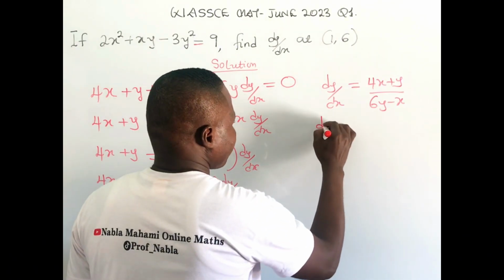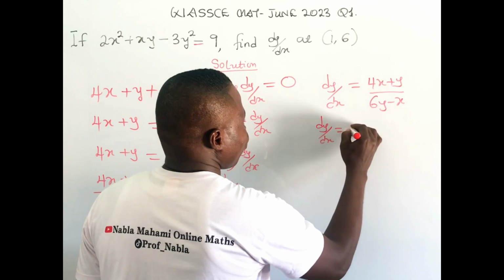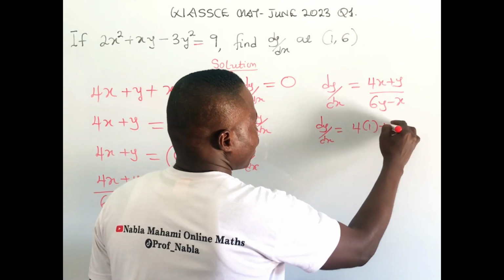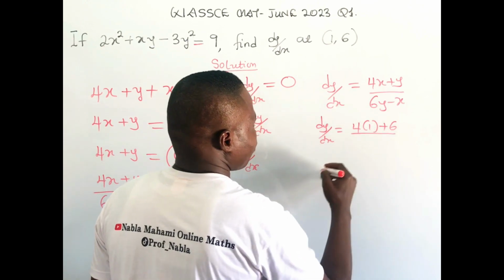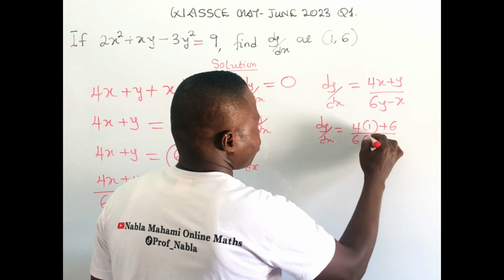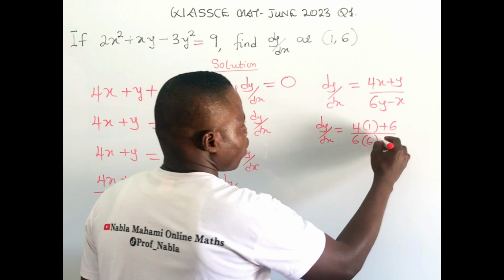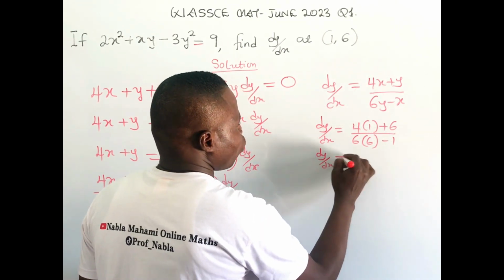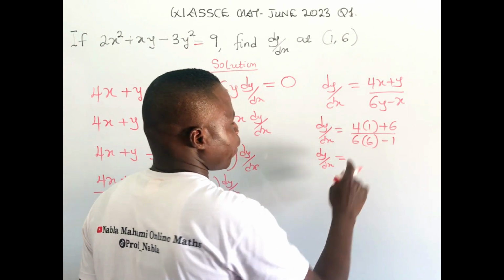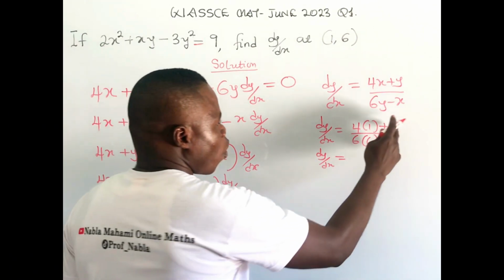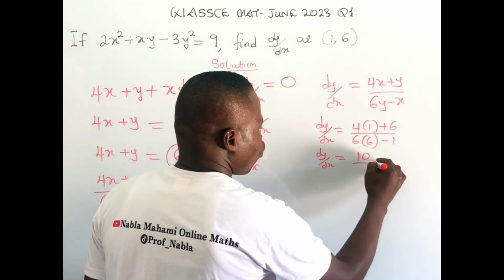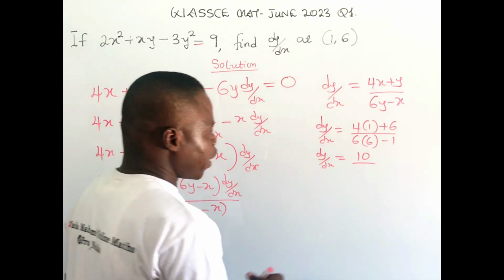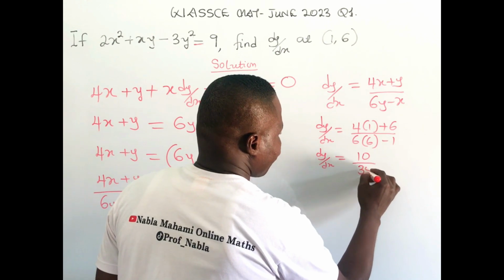I will now substitute them in this particular expression. So dy dx will be equal to 4 times 1, because x is 1, plus 6 all over 6 times 6, because y is 6, minus 1. Then dy dx will be equal to 4 times 1, is 4. 4 plus 6, 10 over 6 times 6, 36. 36 minus 1, 35.